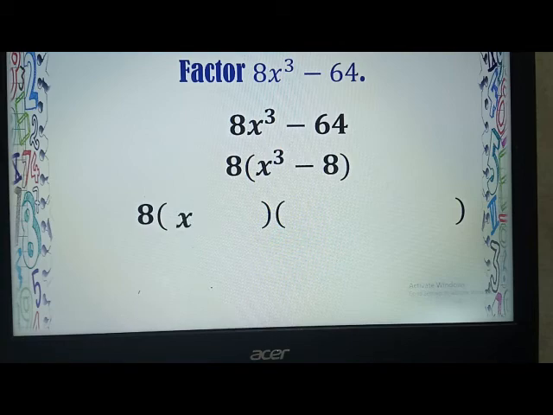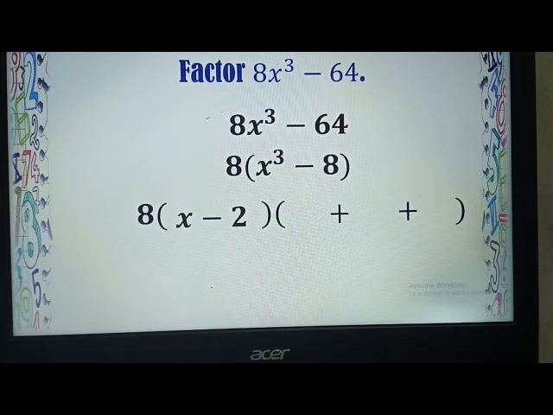So we have x. And then cube root of 8 is 2. Same operation. If that is minus, the middle term is plus. And the last sign is plus.